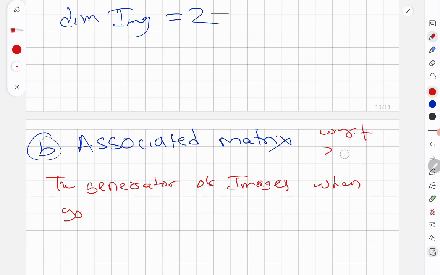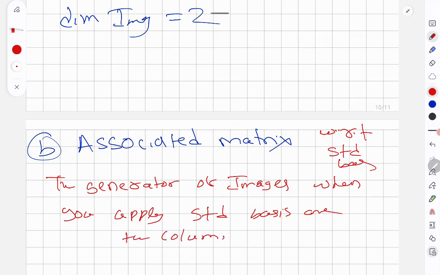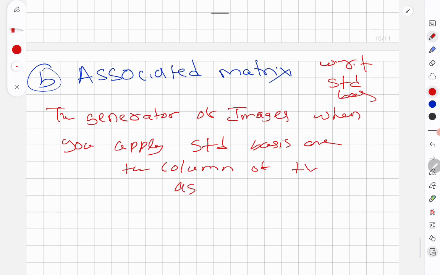When you apply the standard basis to the generator of the images, they are the columns of the associated matrix.